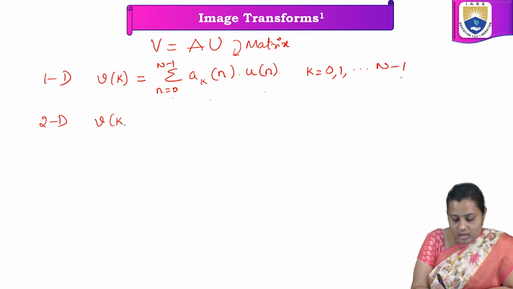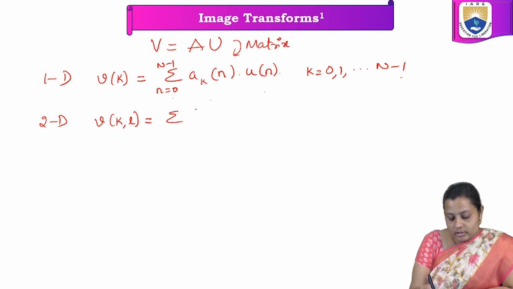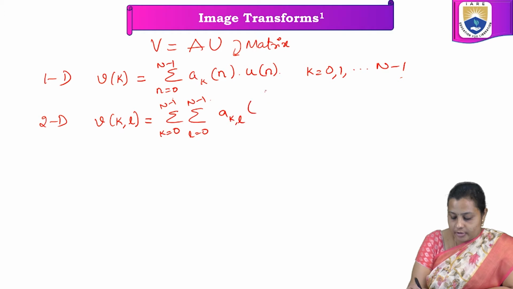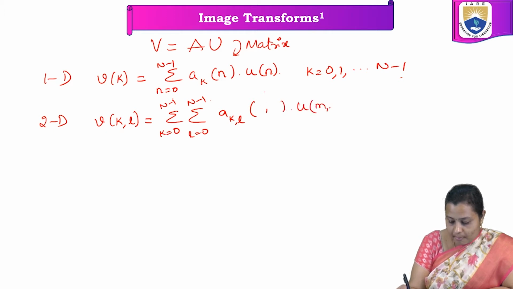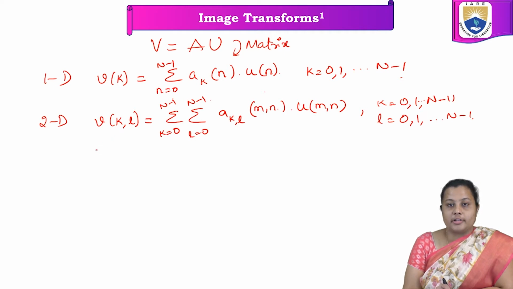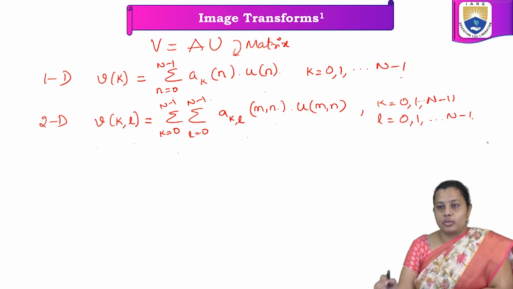If we want to write the 2D representation of our signal, v of k comma l, we can write it as a double summation over k from 0 to N minus 1 and l from 0 to N minus 1 of a of k, l, m, n times u of m, n, where k and l range from 0 to N minus 1.